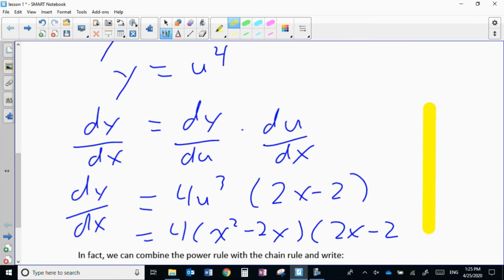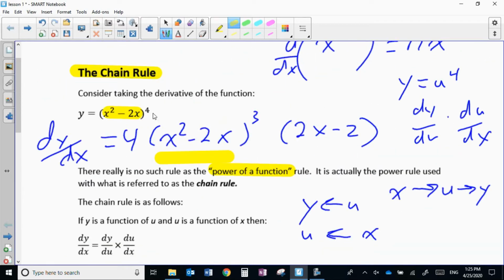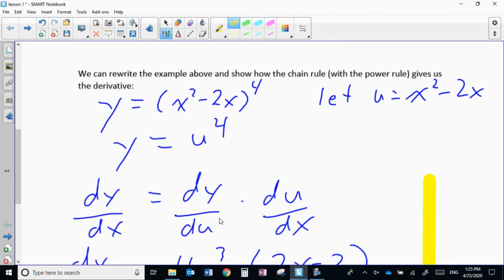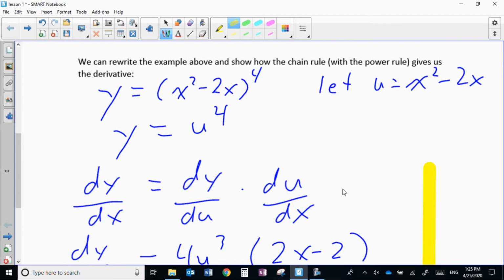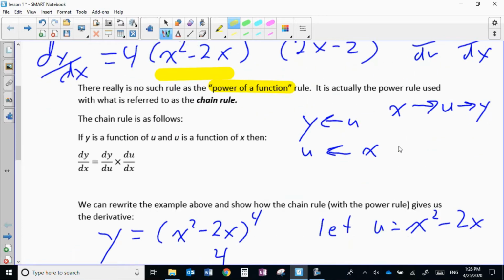I'm just showing you how it's the chain rule. When you take the derivative of this function here, you're actually using the chain rule. You don't need to introduce u to do that. You don't need to write all this stuff down. You can just do it the way you did it up here. So in a way, I haven't taught you how to do anything new. I'm just teaching you a new concept, this idea of the chain rule.